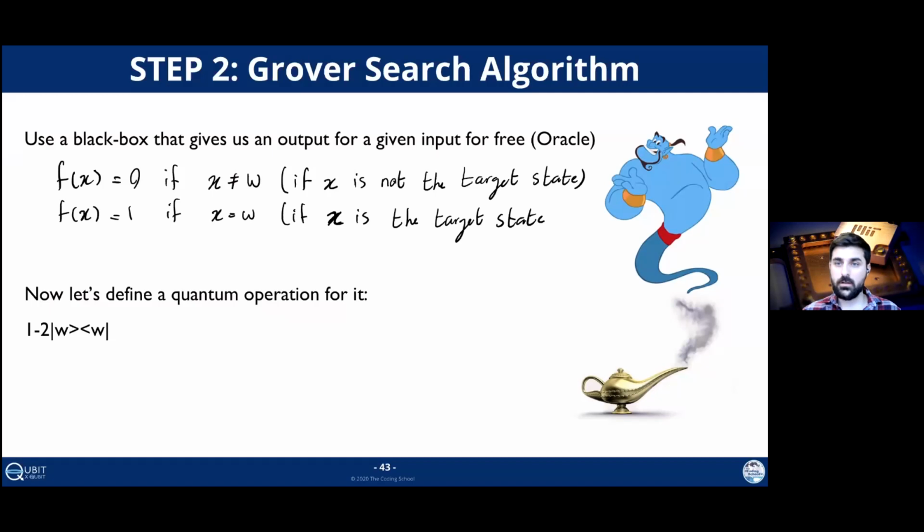And now I want to construct an operator, calling it U of W, again W for winner, and this is an Oracle operator that does the following. It takes the state X and maps it to -1 to the power of f of X, multiplied by the X state.